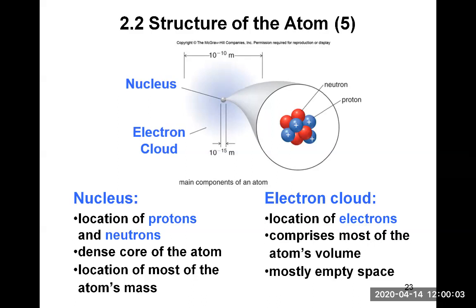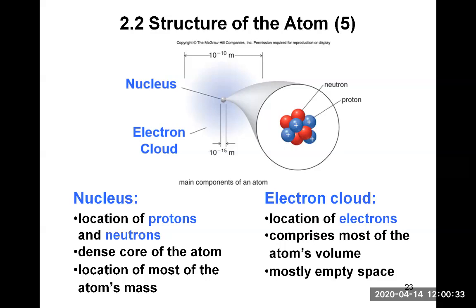And so that volume is the electron cloud. The sphere-like representation of the atom is actually the envelope of the electron cloud. All that space is mostly empty space, right? You have electrons roaming around in that volume, in that sphere that we call the electron cloud.